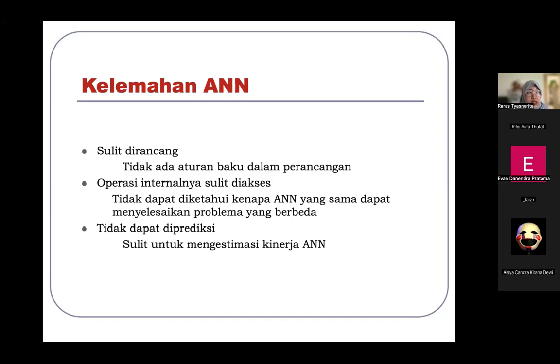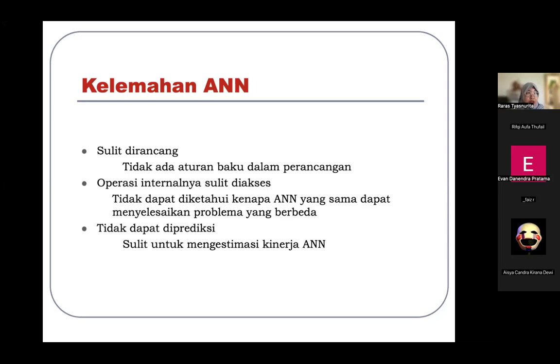When you do classification with decision trees, you can explain how the rules are formed because you have this graph of the tree of rules. But in terms of neural networks, we cannot explain how it forms the rules.